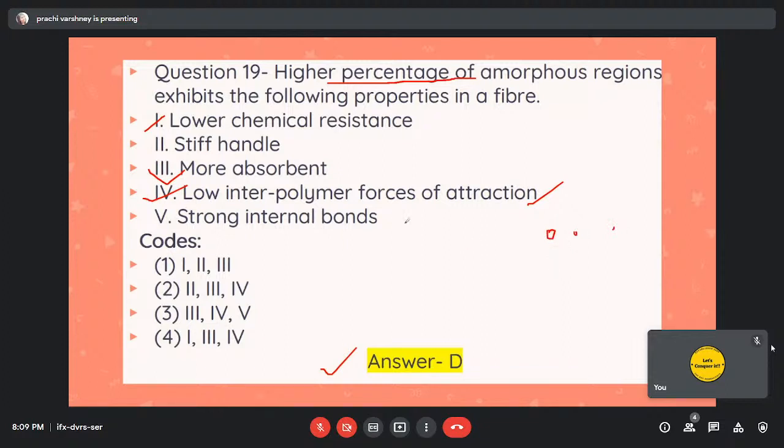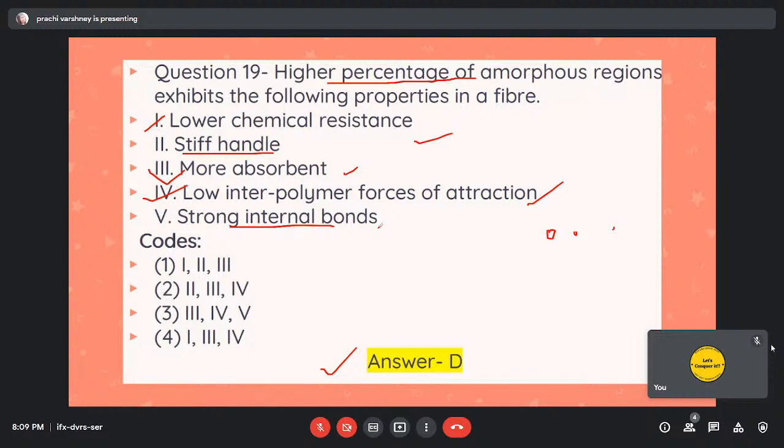A very good example is cotton. A stiff handle and strong internal bonds are properties of the crystalline regions.